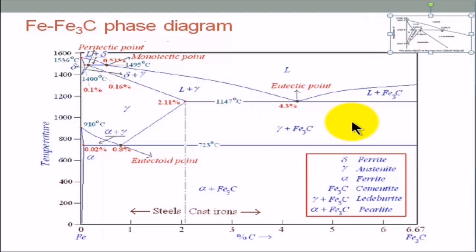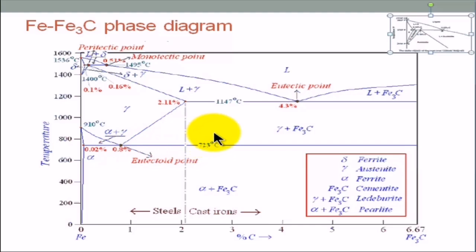And the steel range is further subdivided by the eutectoid carbon content, 0.8 weight percentage of carbon.